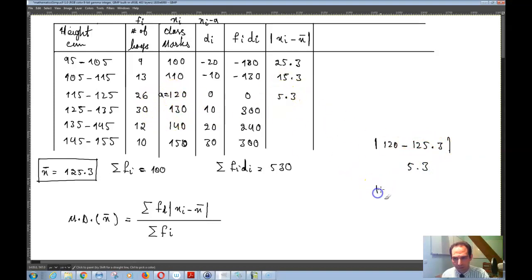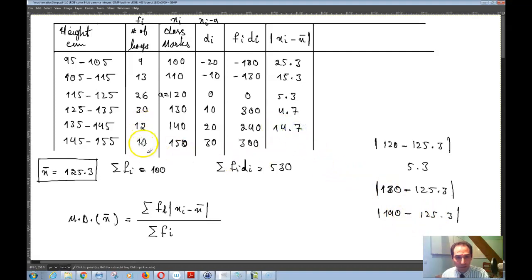If you have the absolute value of 130 minus 125.3, you will get 4.7, and that's 4.7 for that. If you have 140 minus 125.3, if it was 125, you would get a 15, so that's 14.7.